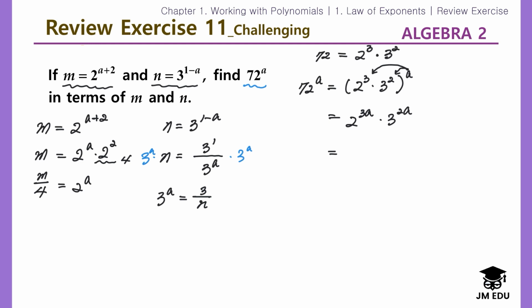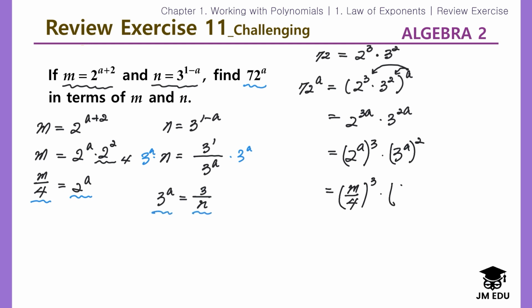So we're going to rewrite this expression: 2 to the a, all of this thing to the power of 3, times 3 to the a, all of this expression to the power of 2. Then we can write here 2 to the a, m over 4. So m over 4 to the power of 3. 3 to the power of a, that's 3 over n.